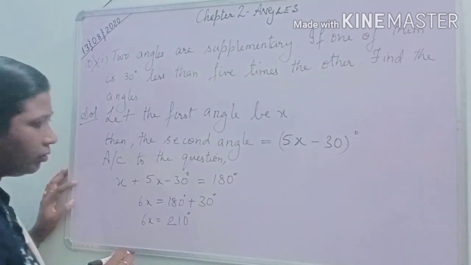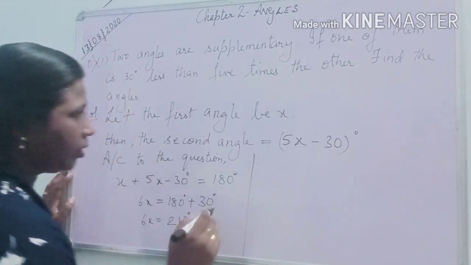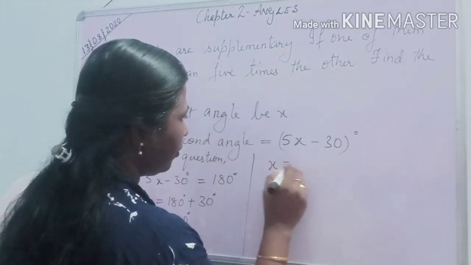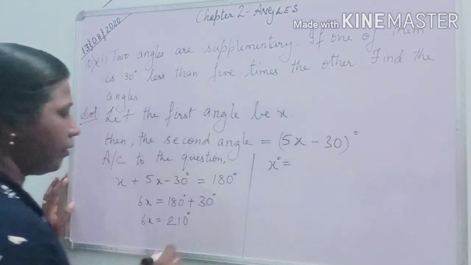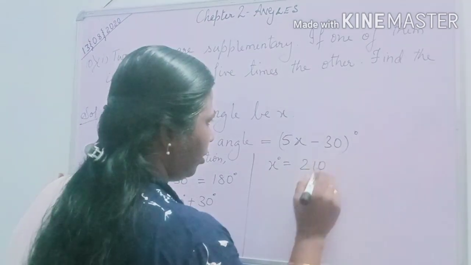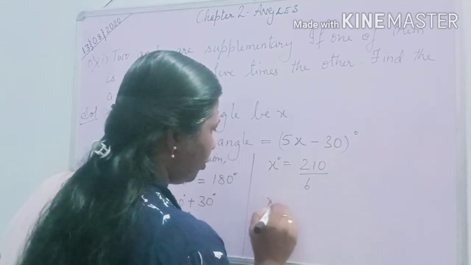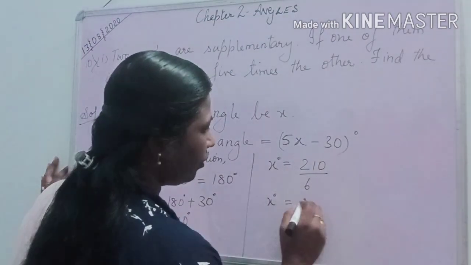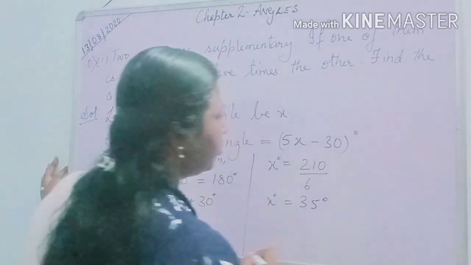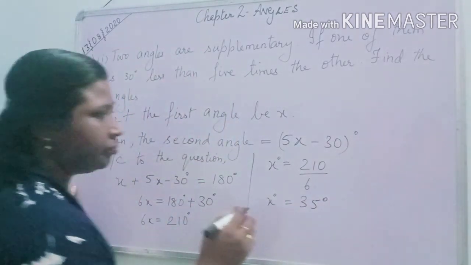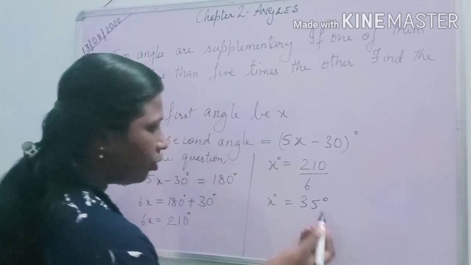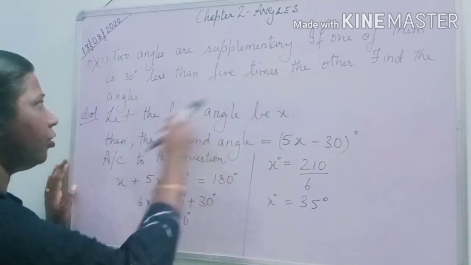Then x is equal to 210 upon 6. Cancelling, we get 35 degrees. Is that clear? Now we have to find out the angles.